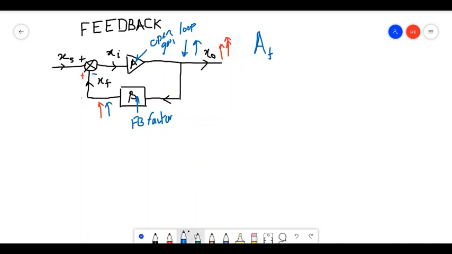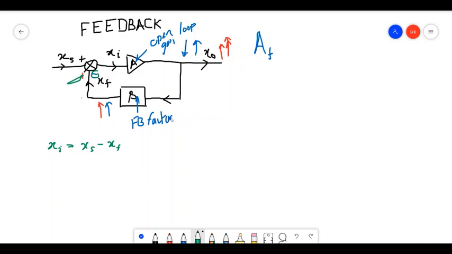So to start the calculation, I'm going to consider a negative feedback system. So in a negative feedback system, x_i will be equal to x_s minus x_f. So it is at this point, right?